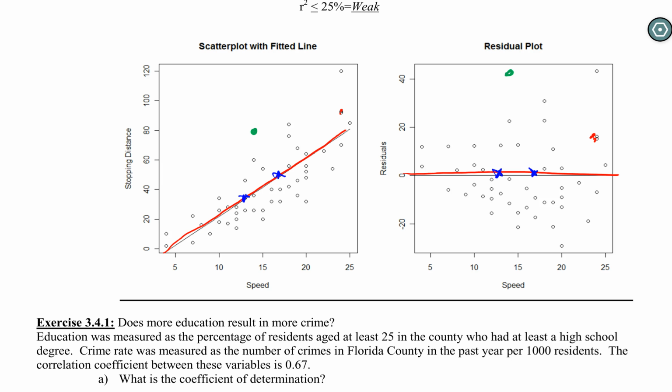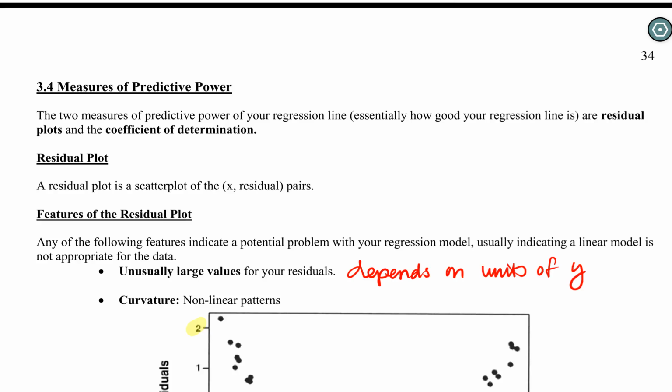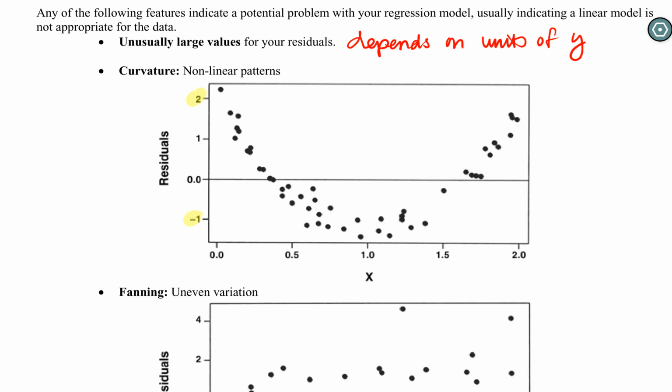So we can see from this idea that we're just taking the linear regression line and basically flipping it over, that if we have a curve in our residual plot, that means there had to have been a curve in the original. That's the only way this would have happened. So if you did a scatter plot, you already would have seen this.